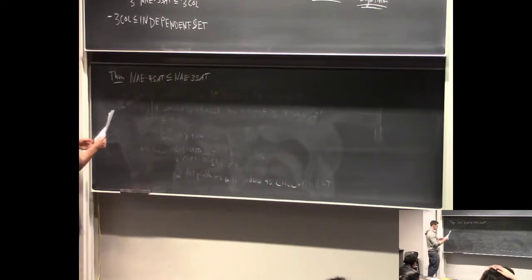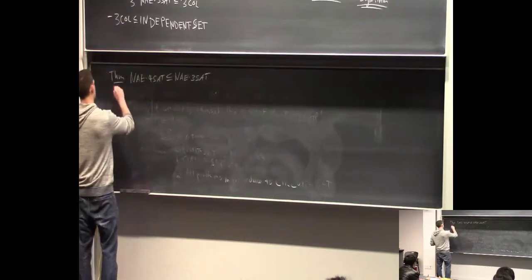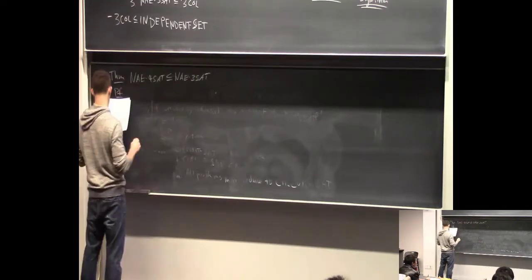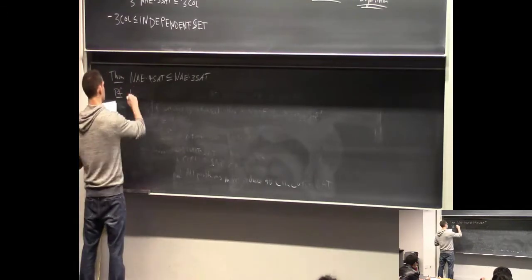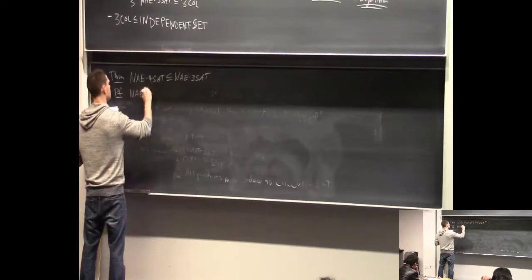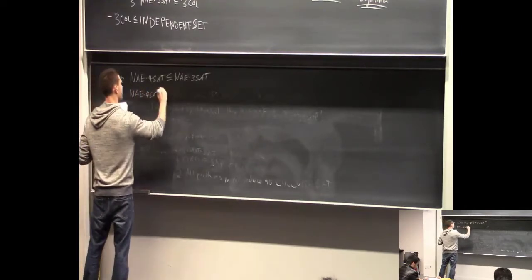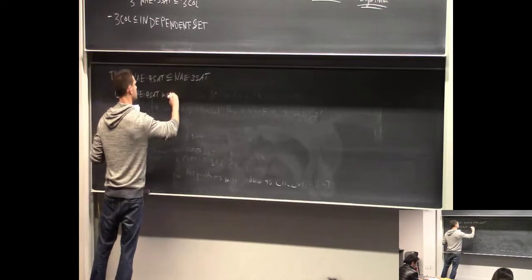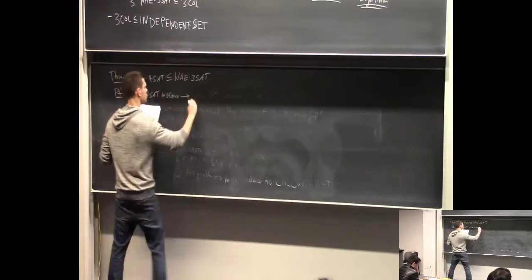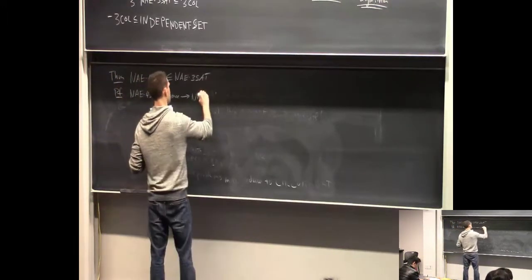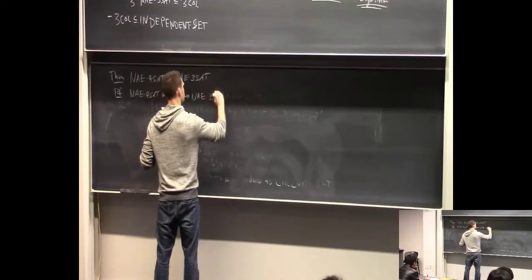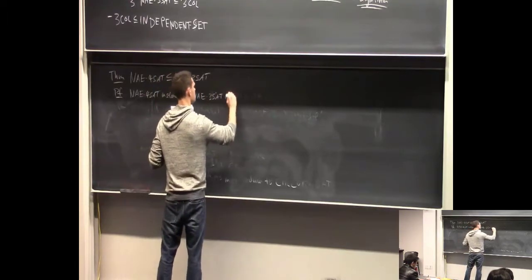All right, so how are we going to do this? Of course we want to take an NAE-4-SAT instance to an NAE-3-SAT instance such that one is satisfied if and only if the other is.